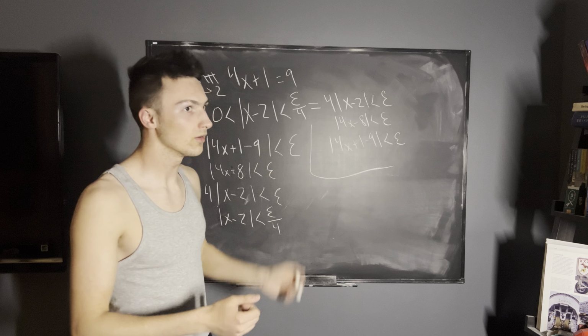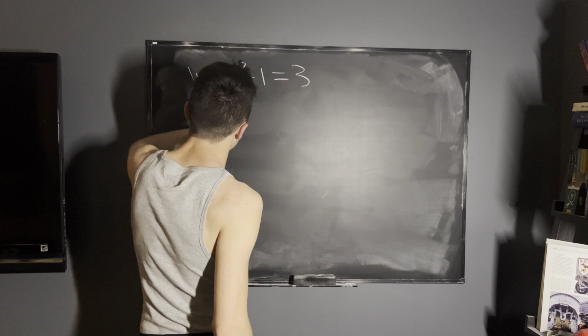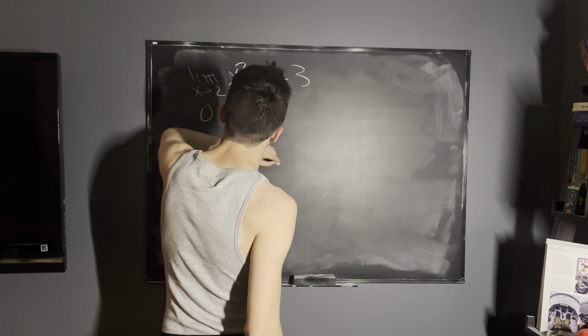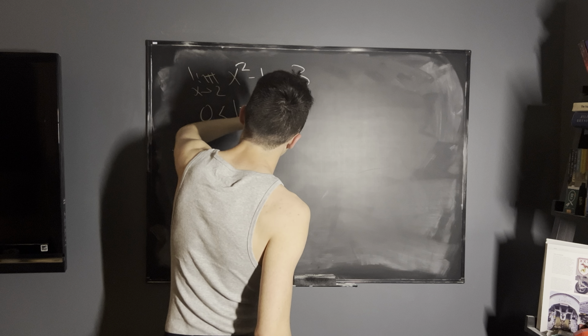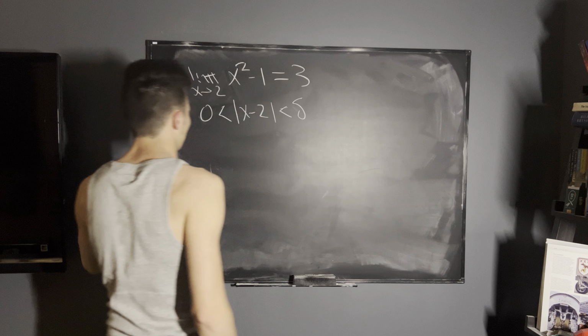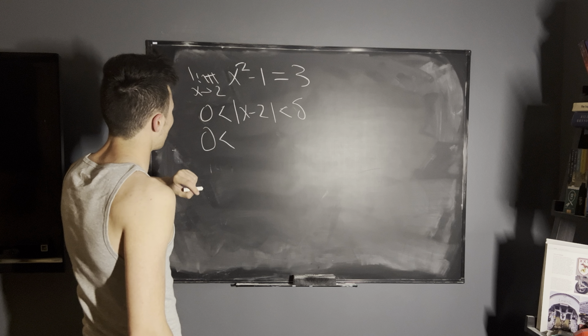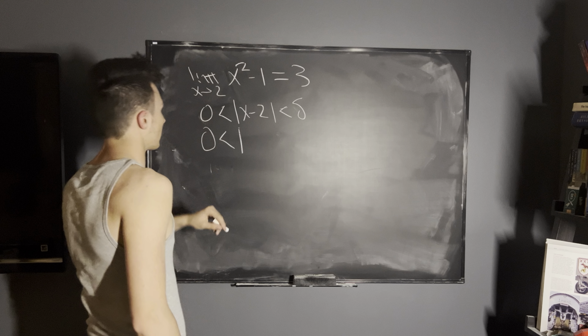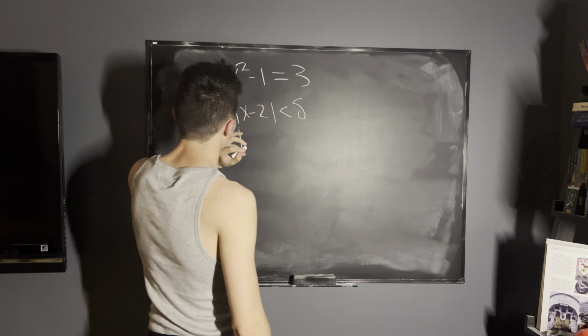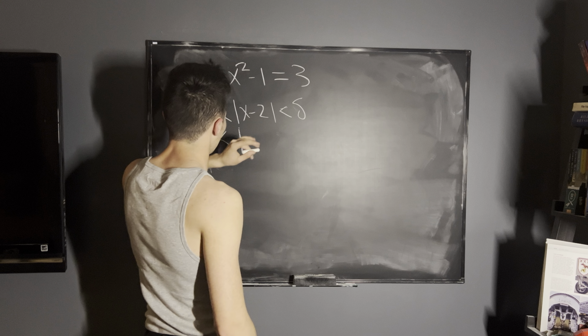So what we have is 0 is less than |x minus 2|, which is less than delta, and then we're going to have 0 is less than |x squared minus 1 minus 3| is less than epsilon.